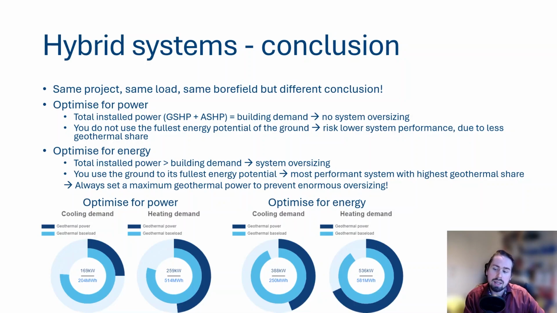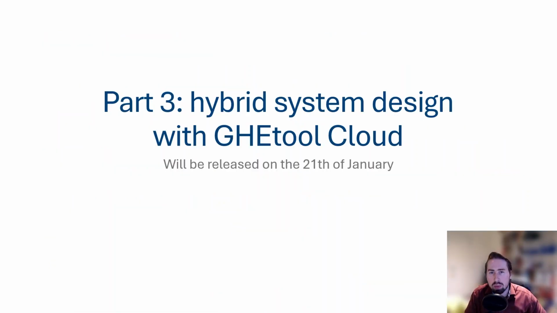So by having more geothermal share in your hybrid system, you can end up with the lowest operational cost. So it's really a matter of optimization between, do we want to have a lower investment cost, or do we want to have a lower operational cost? And that's exactly what we'll be playing around with in part 3.